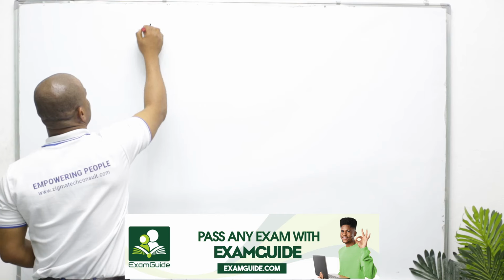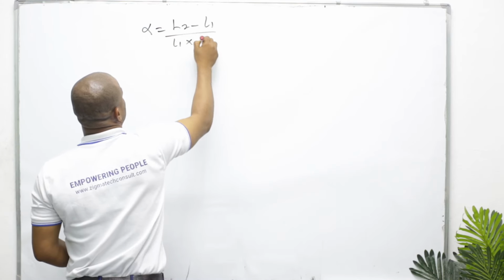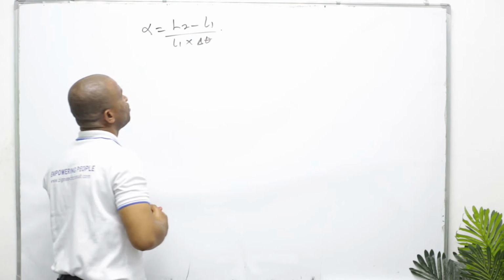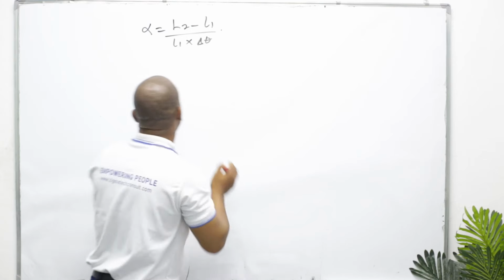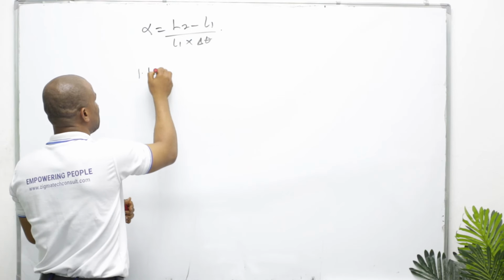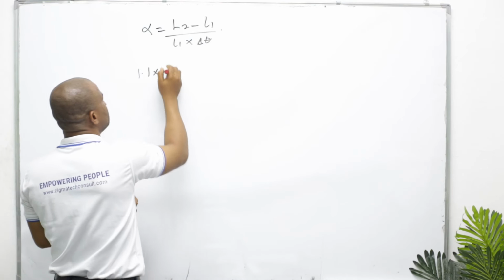According to linear expansion, (L2 minus L1) all over (L1 times change in temperature). We are given the linear expansion coefficient of 1.1 times 10 raised to the power minus 5.